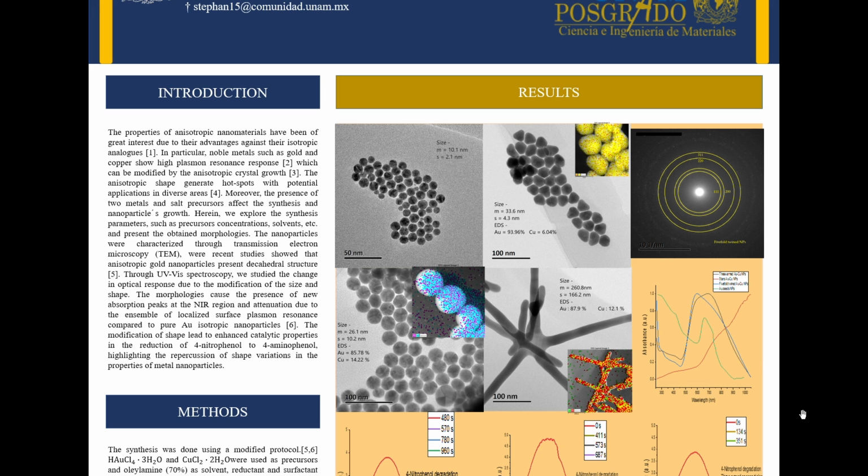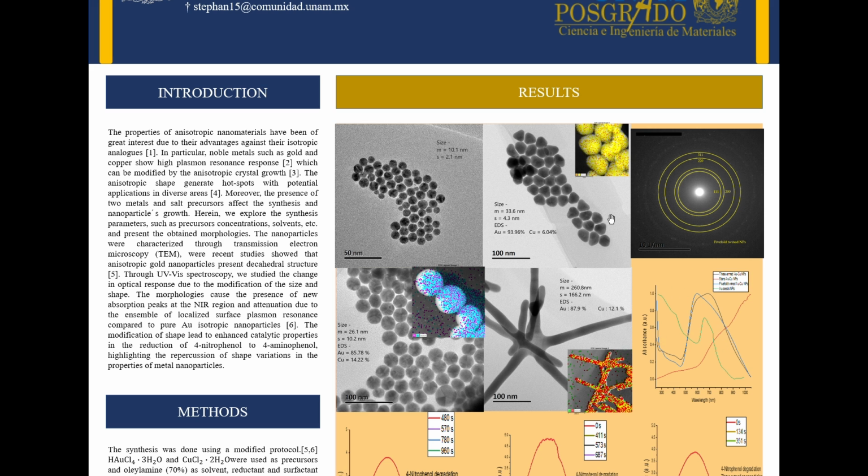And we can see that the 5-fold twin gold-copper nanoparticles and the 3-arm gold-copper nanoparticles differ in their absorbance peak. That is because of their morphologies.